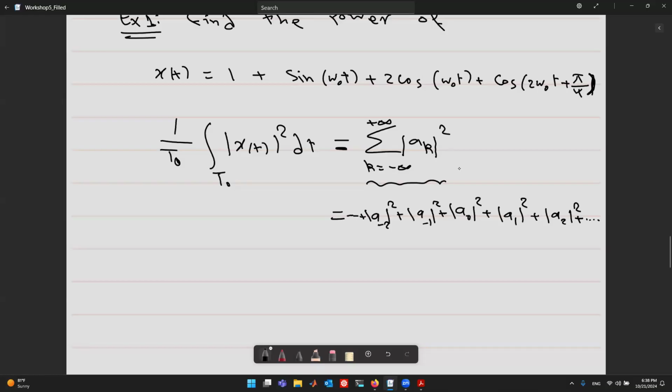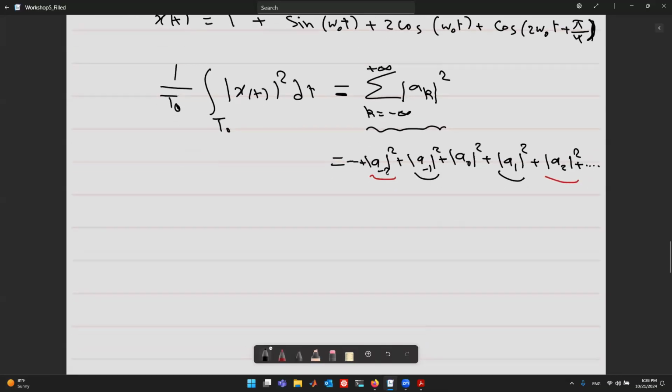Since the magnitude is even, this term is the same as this term, and this term is the same as this term, and so on. So we can rewrite this summation: a0 is the only one remaining, so we keep it outside, plus from each of those pairs we have two equal terms.